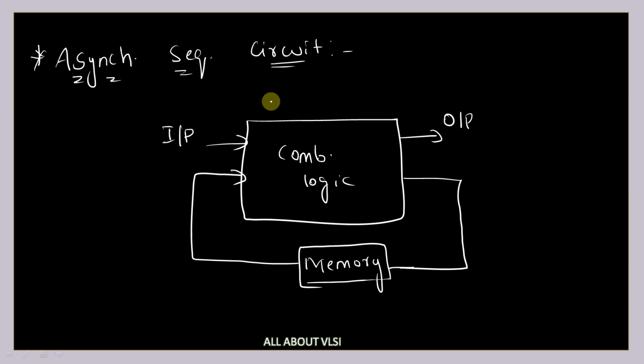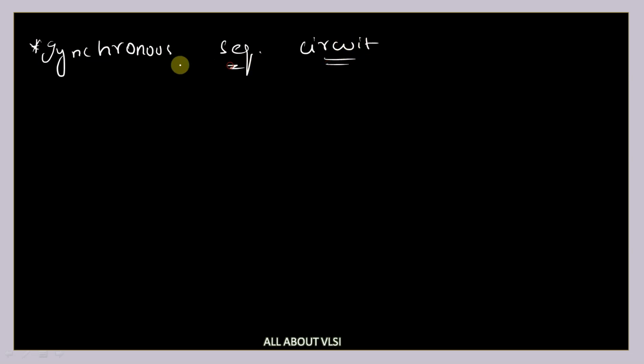Whereas in the case of a synchronous sequential circuit, you have one control signal like clock or enable. So I will draw that. In the synchronous sequential circuit, you will have control over your circuit.